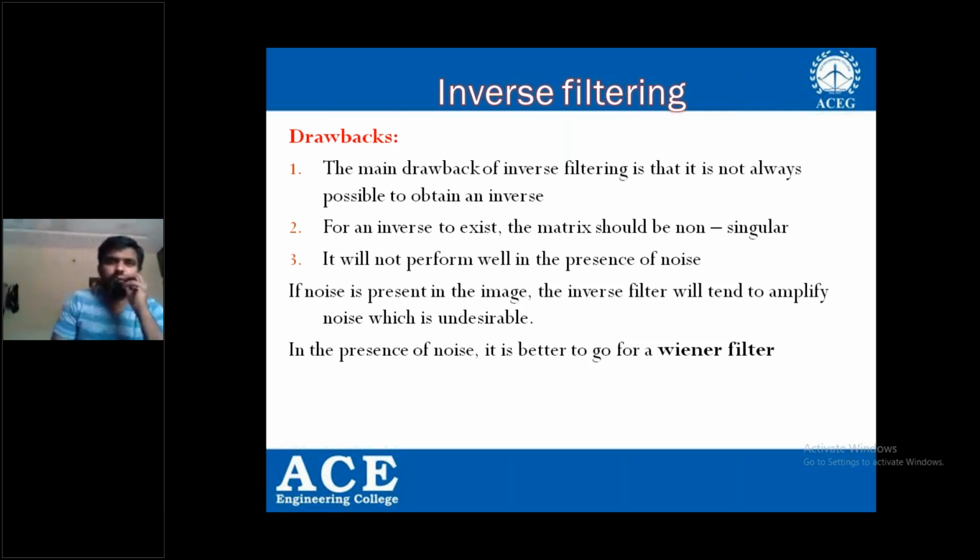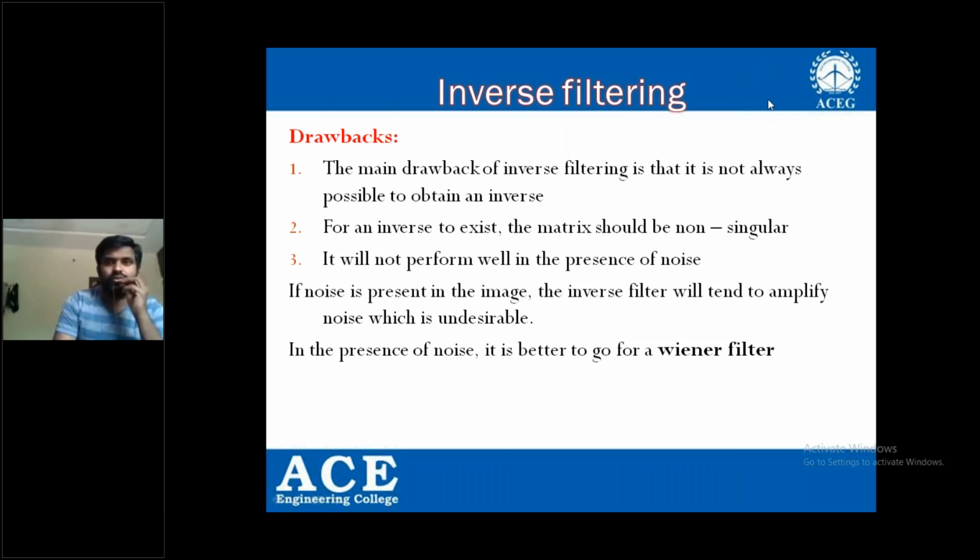So by using inverse filtering, you can mostly target degradation while capturing the image. If the noise component is present in the image, it is not advisable. In the presence of noise, it is better to go for the Wiener filter. That is the second one.